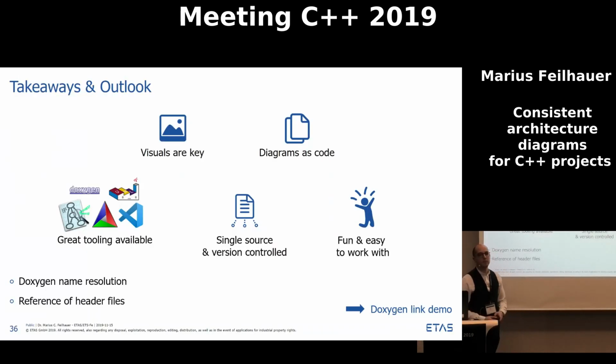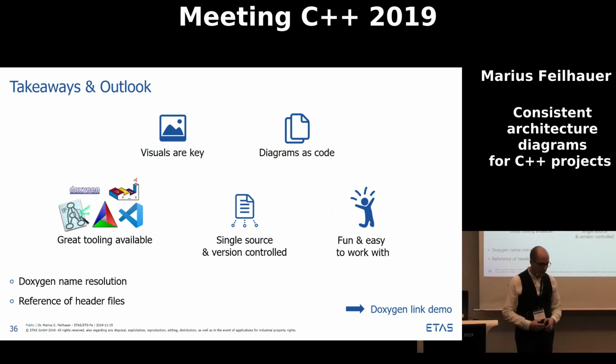Another thing, I think, is reference of header files. When I was showing this talk to my colleagues, one question was, when working with classes, why do we have to redefine them? And I think that's a good point. On the one hand, with these scripted approaches of drawing diagrams, the main benefit from my point of view is if you can document stuff that's not reflected in your source code.